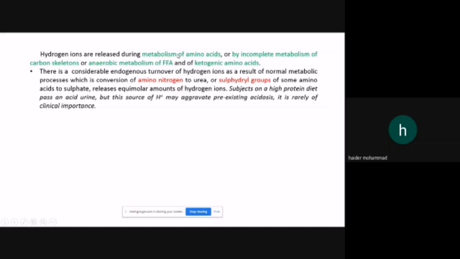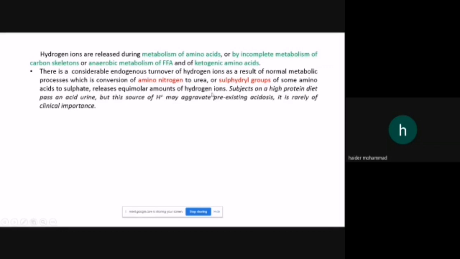We know the structure of an amino acid consists of 3 essential groups and side groups. One of them is the amino group. So conversion of amino nitrogen, the amino nitrogen in the amino group, to urea: this normal process will release equimolar amounts of hydrogen ion.